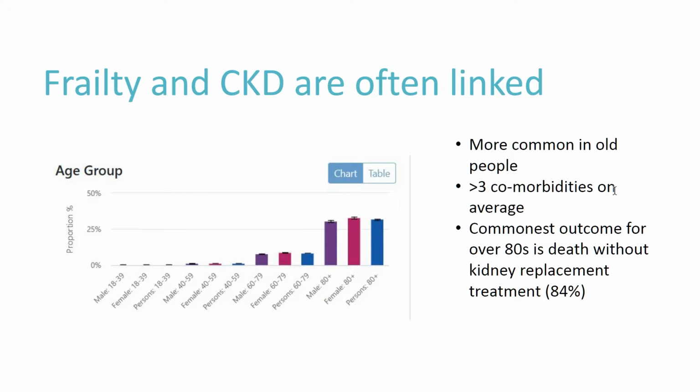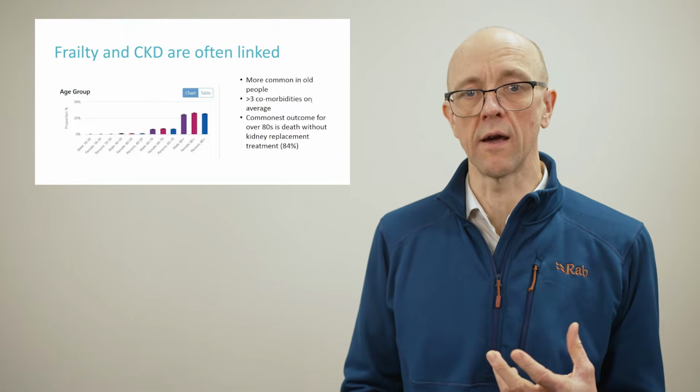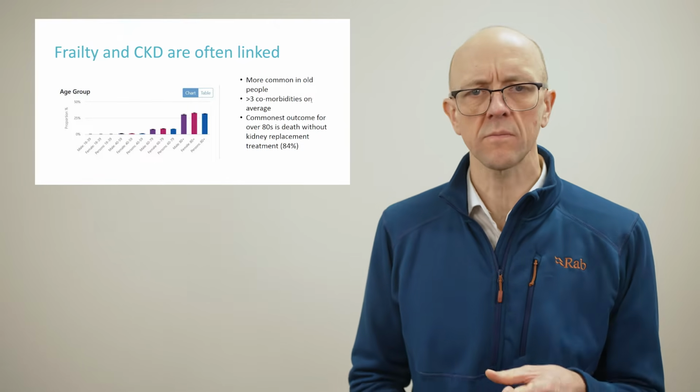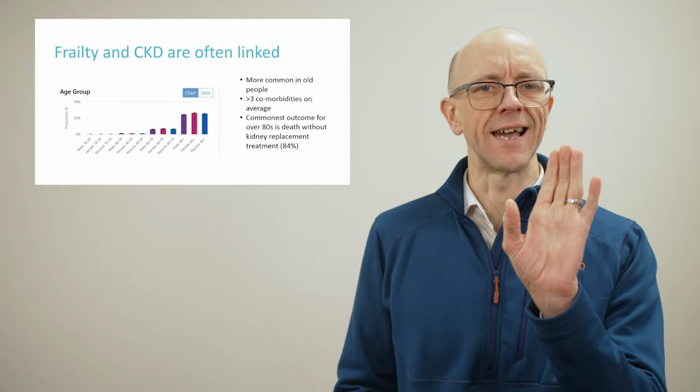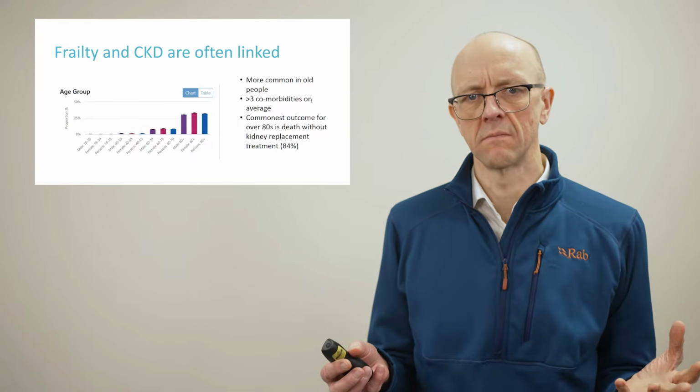The slide that you have now shows the proportion of different age groups with CKD. It's no surprise to see that it's more common as we get older. We all lose around 0.5% to 1% of our kidney function each year that we're alive after the age of 40. So by the time you get into your 80s, 25% of people have got CKD.